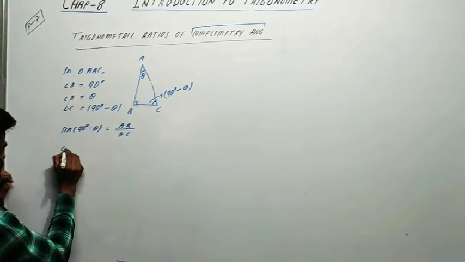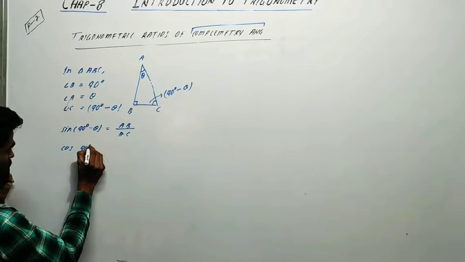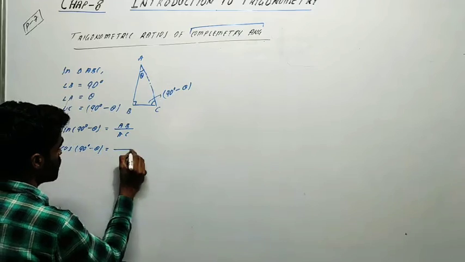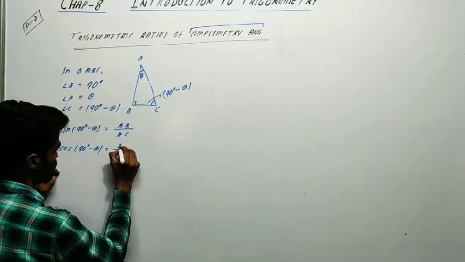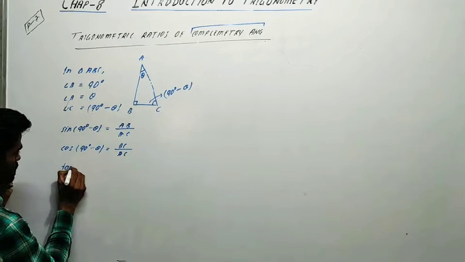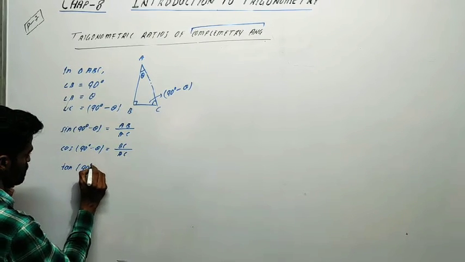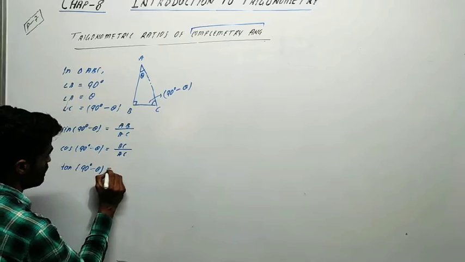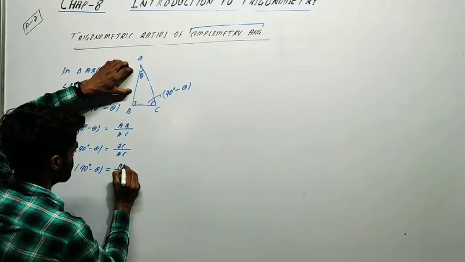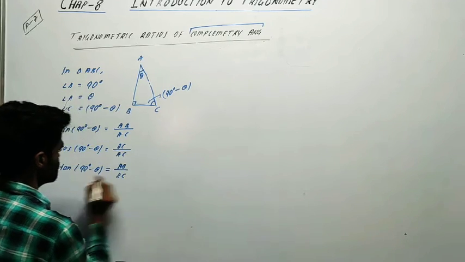Similarly, cos 90 degrees minus theta means the cos value of angle C is equal to base upon hypotenuse. Base is BC and hypotenuse is AC, and tan 90 degrees minus theta means the tan value of angle C is equal to perpendicular upon base. Perpendicular is AB and base is BC.